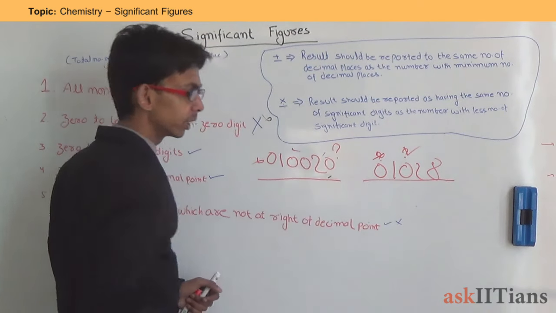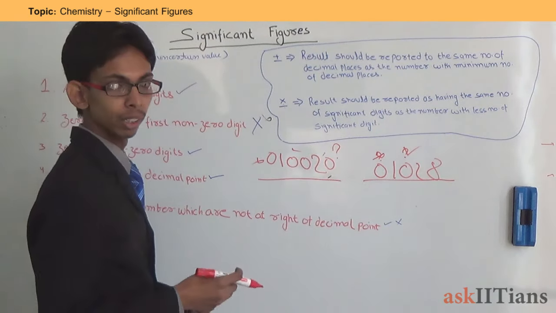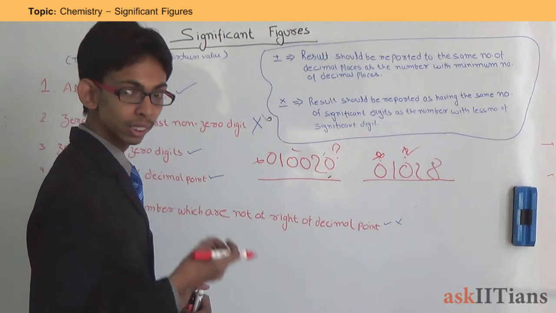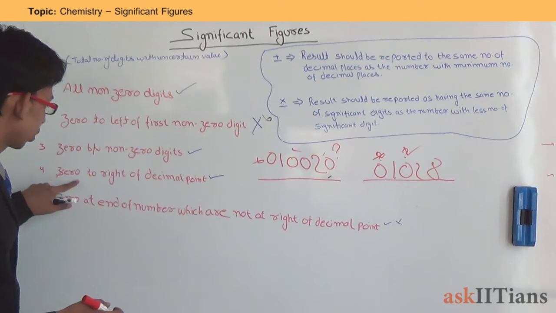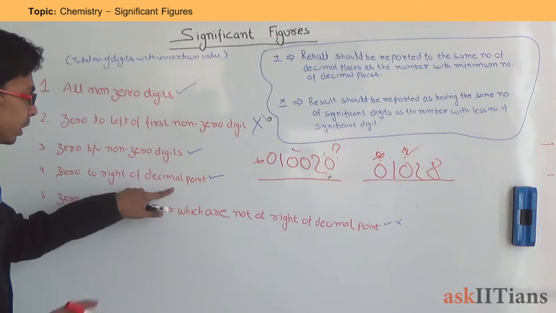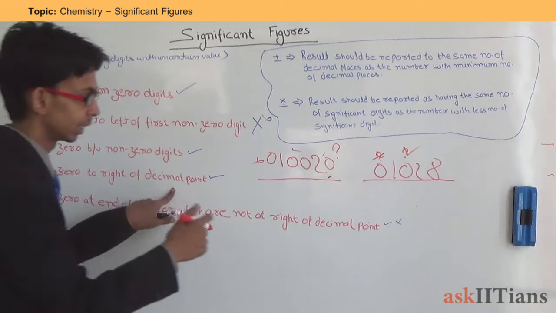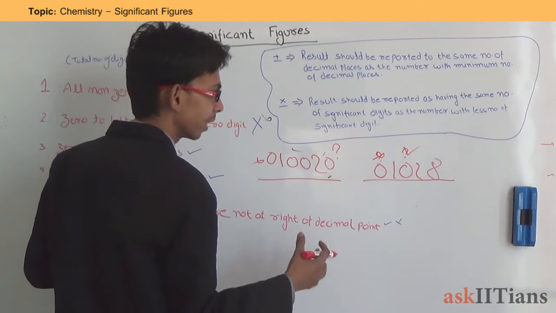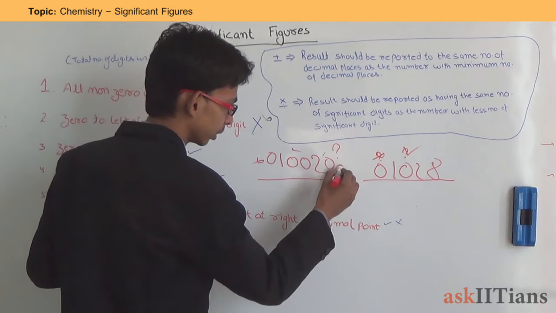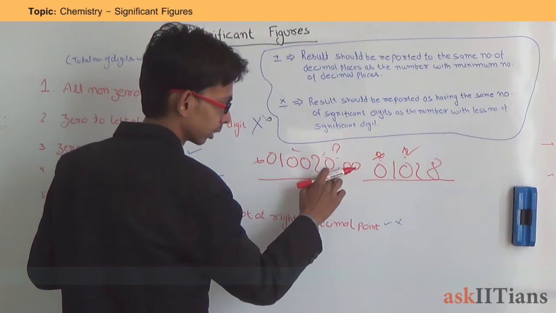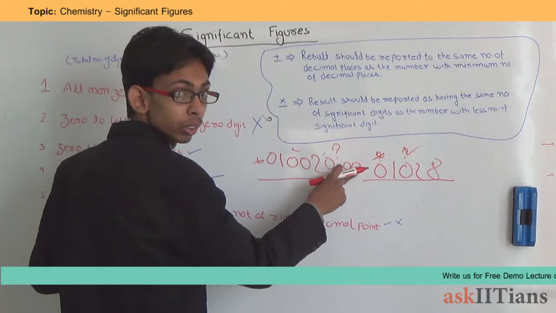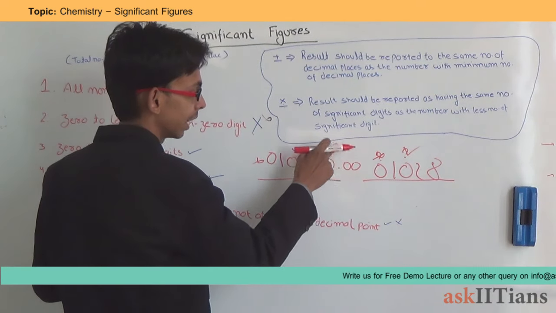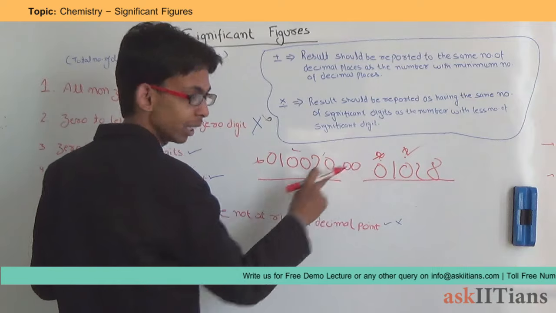Is this 0 which is at the end of a number significant? Let's see. Zero to the right of the decimal point will be significant. That means, if this is a decimal point, these two zeros are on the right of the decimal point, so these two will also be significant.